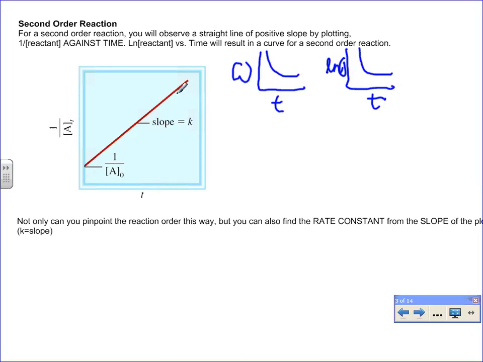You get a linear relationship with the slope equaling K and the y-intercept being 1 over A naught. And this is really helpful because remember from our last lesson, what we were doing is trying to figure out the rate law. And when we solved for the rate law, we also determined what the rate constant K was.